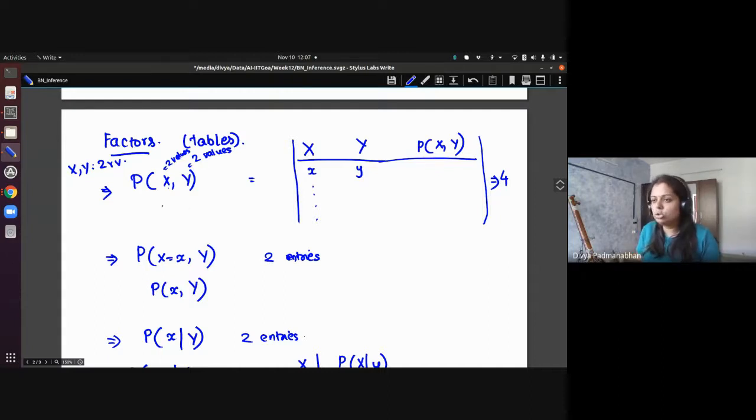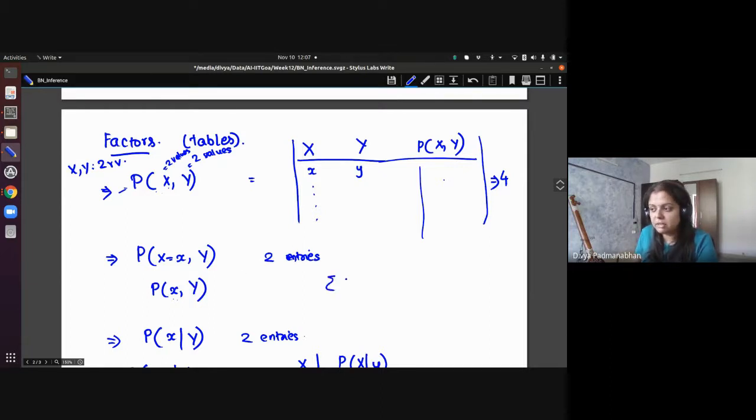Sometimes the entries of the tables may sum to 1. For example, P of x comma y is a joint distribution over x and y, and if you sum up all 4 entries of this table, it has to sum to 1, assuming x and y are binary valued. Whereas with P of x equal to small x and y, where you fix the value of x, there are 2 entries here, and if you sum them up, they will not sum to 1.